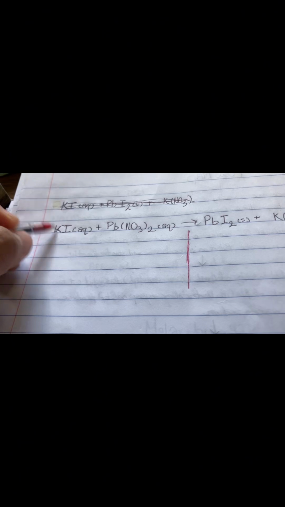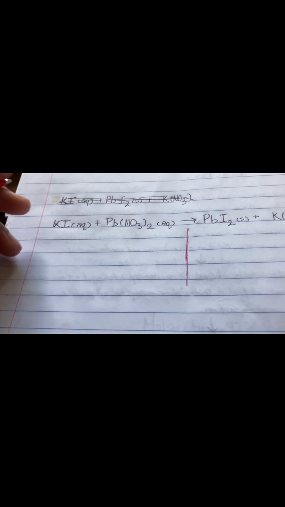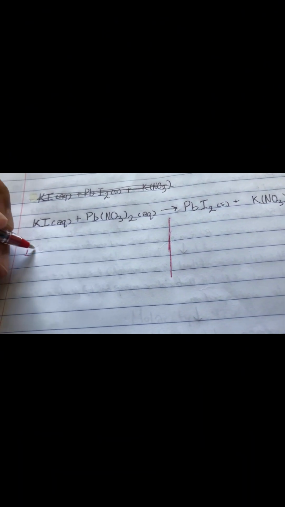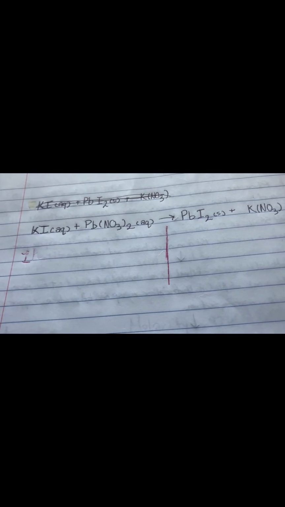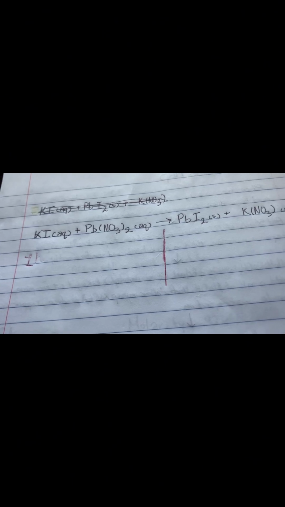So we first start off with potassium. I only see 1 potassium atom on this side. So I'll write 1 K. Okay, this pen is not working. Hopefully this one works. This one's also not working.